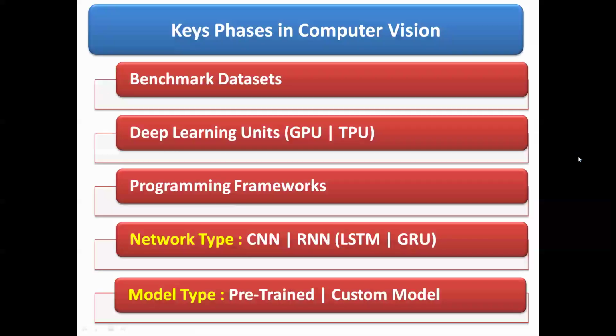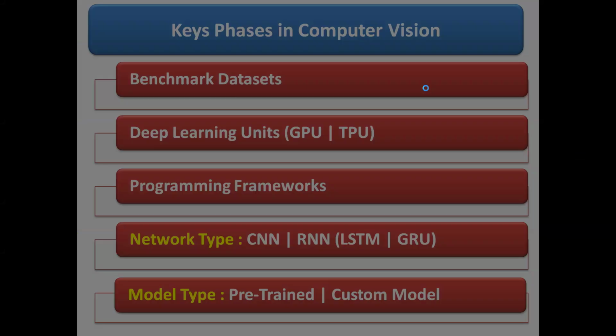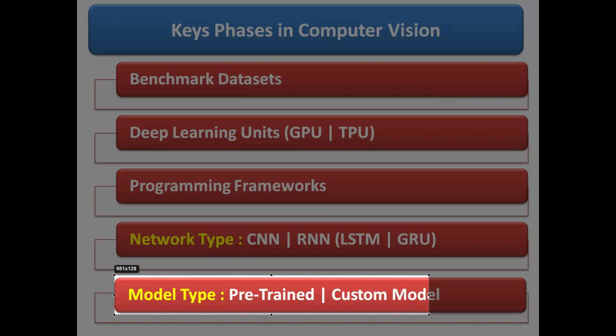Now we will see, if we want to work with these applications, with some realistic research projects, which are the key phases. These are the key phases. If we discuss in a broader way, this is the format. Either we work on a pre-trained model, for example for a robotic application, or we work on a custom model.